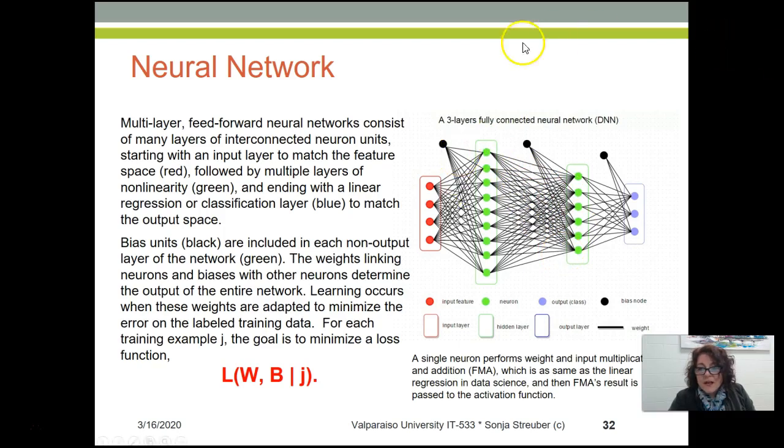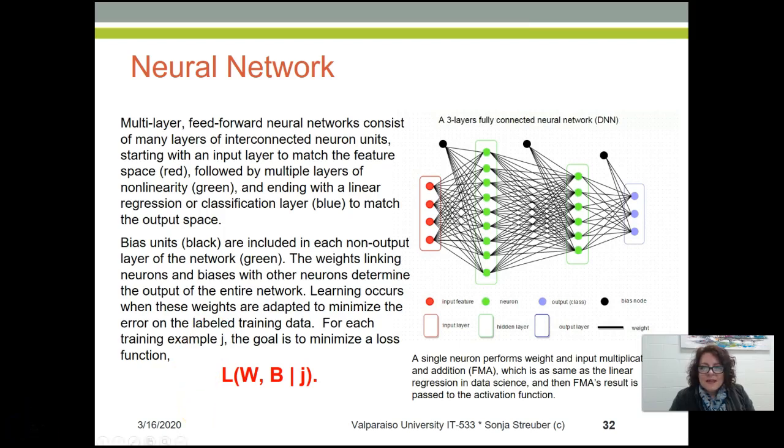In between, we have bias nodes that allow us to tune the functionality of each of these hidden layers. And the goal of our neural network is to minimize the error in class assignation at the output layer through continuous reevaluation and optimization of the weights and the biases. This is also called an optimization of the loss function.